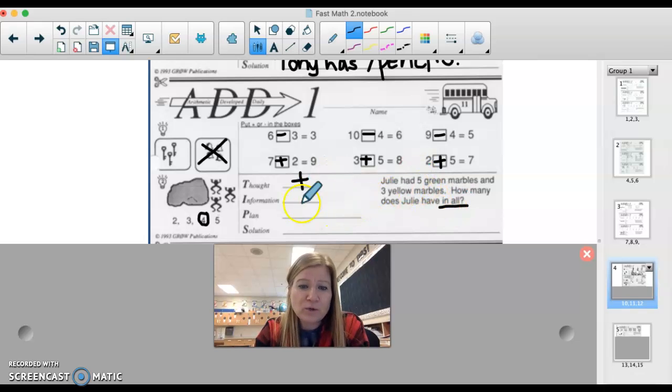And the numbers we know for this one are 5 and 3. So our addition sentence would be 5 plus 3 equals blank.